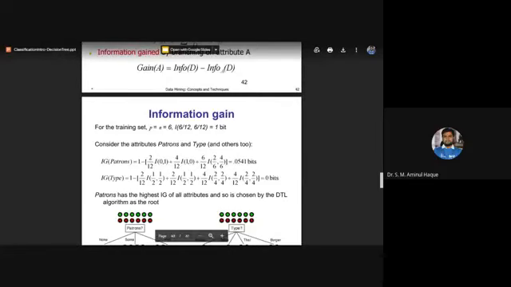For the type attribute, can you tell me why you are getting 0? This is because the entropy is 1 for type.